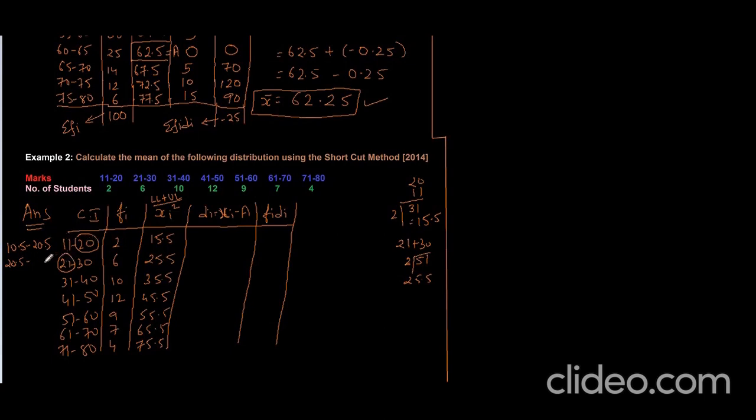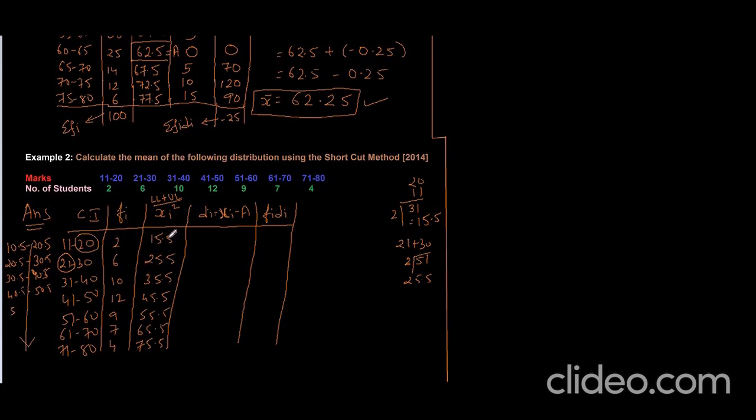From 21 subtract 0.5, you get 20.5, and here 30.5. So here 30.5, and here 40.5. Here 40.5, and here 50.5. So likewise we can go, but this I made it very simple.